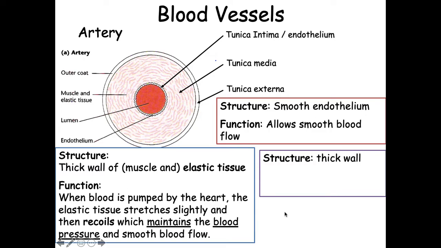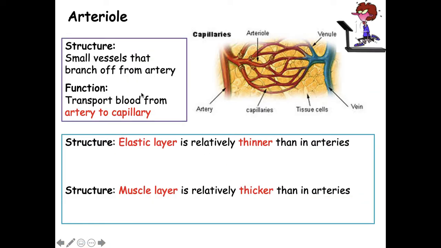If it wasn't for the stretching and recoil, if it just stretched when the blood pressure was high and didn't snap back again when it was lower, then the blood pressure would fall significantly. And we don't want it to fall, because that blood's got to get from the heart all the way to the tissues with just that contraction of the left ventricle wall. And then the thick outer layer is about preventing it from bursting under high pressure.